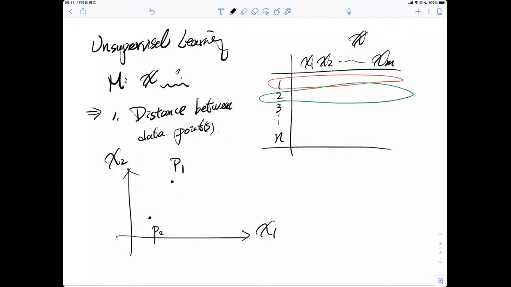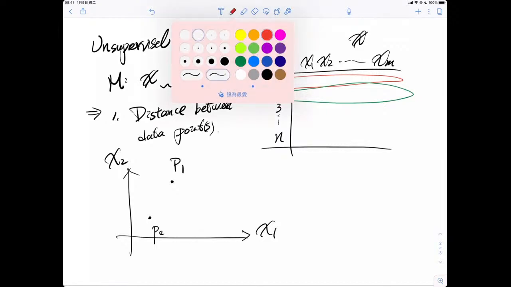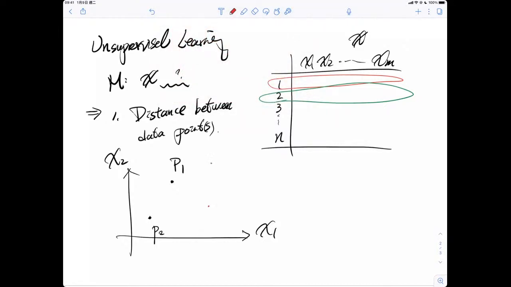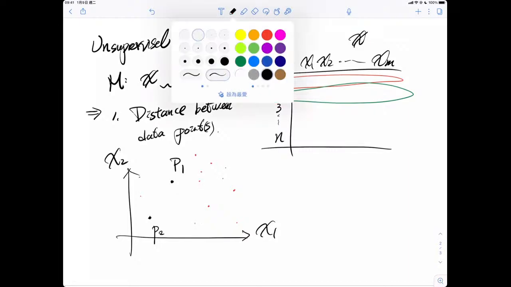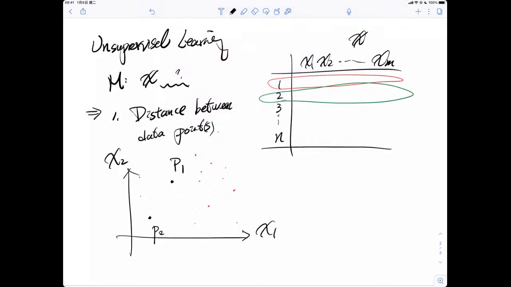And usually we can draw a lot of data points on this surface. Basically, the first question we would like to ask is what is the distance between each data point?